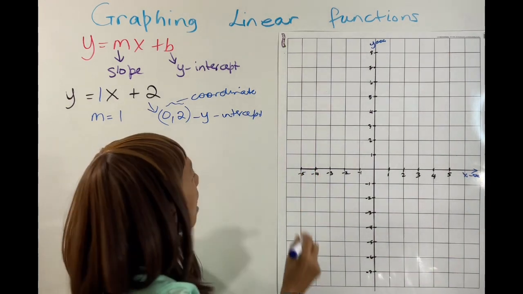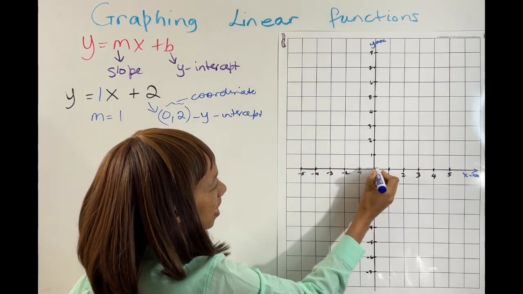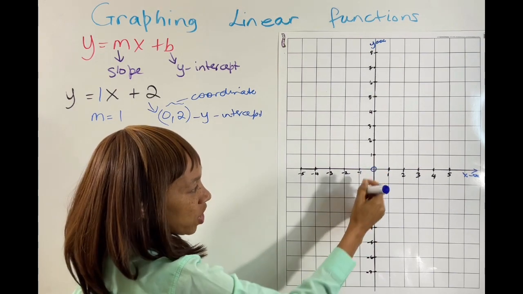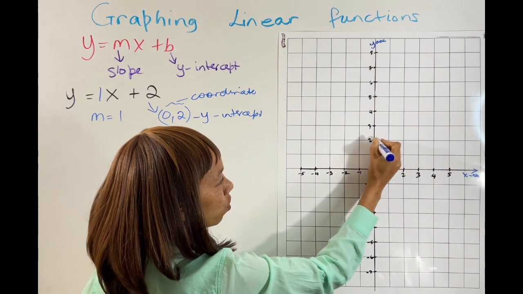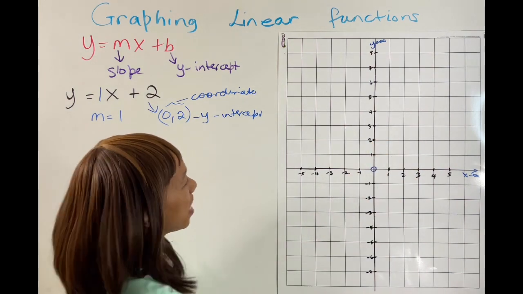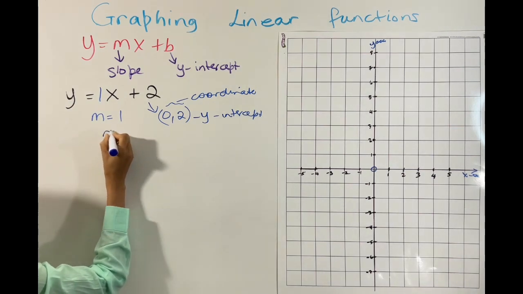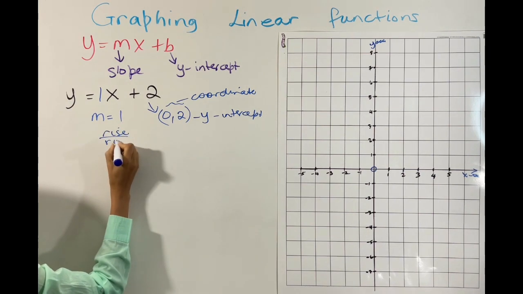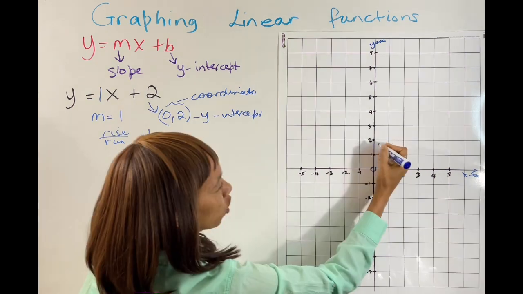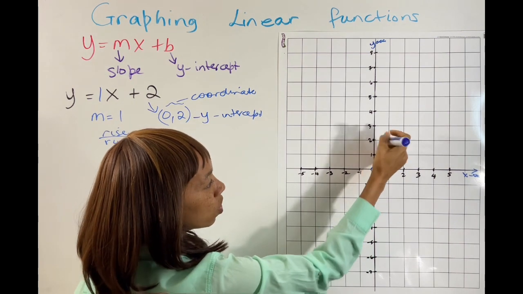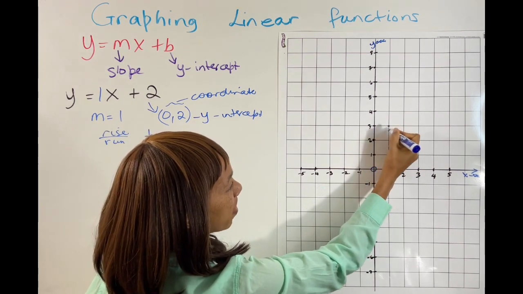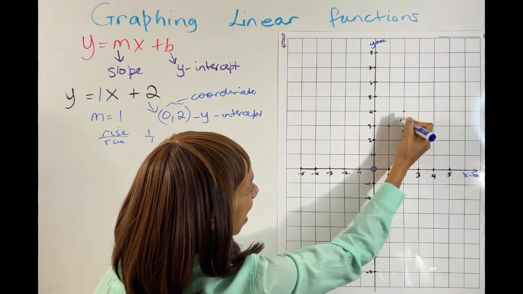Okay? And you will find this is (0, 0), which we call the origin. So you need to go up to 2, which is here. You put your point there. And your slope is 1, meaning that your slope is rise over your run, so it is 1 over 1. To go up 1 from the 2, up 1 over 1, that's your slope. Up 1 over 1, that's your slope.